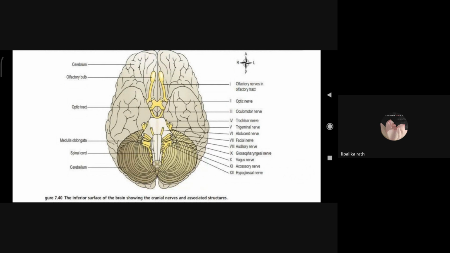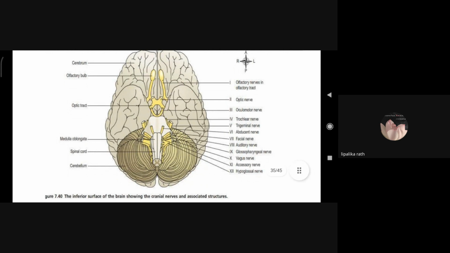In this picture you can see the brain clearly from the bottom view: cerebrum, olfactory bulb, optic tract, medulla oblongata, spinal cord and cerebellum, and all the origin or insertion points of the 12 cranial nerves.